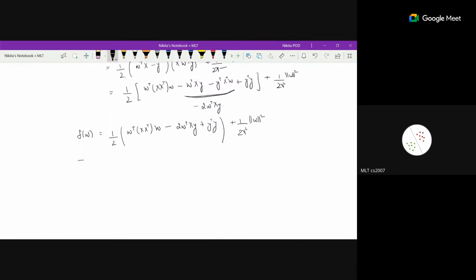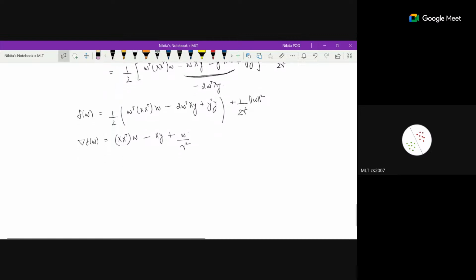Now we take the grad of F with respect to W. So for W transpose XX transpose W, this is 2 times XX transpose W, and divided by 2, it gets cancelled out. Then here it's just XY. And for the last part, it is again 2 times W, and the 2 gets cancelled out, so you have W divided by gamma square. So this is grad of F.